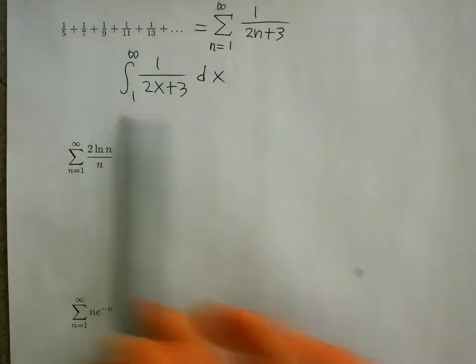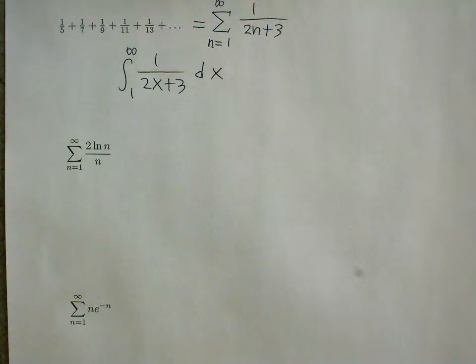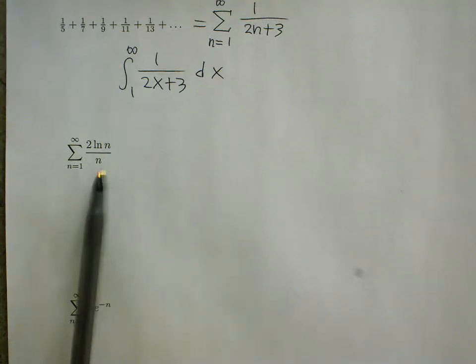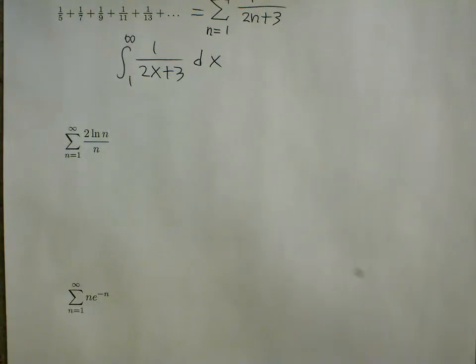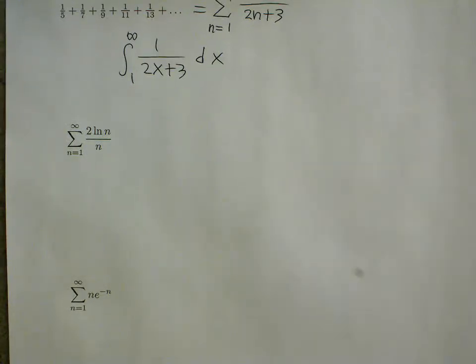So you can compute that integral. We have a few more seconds. This one can also be tested using the integral test. It's not a p-series, but we're out of time. So tomorrow we'll be in section 11.4.